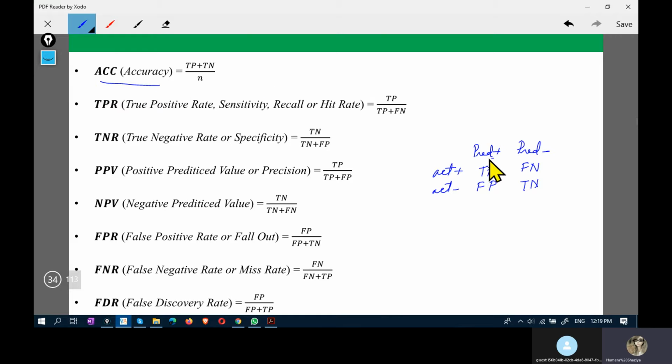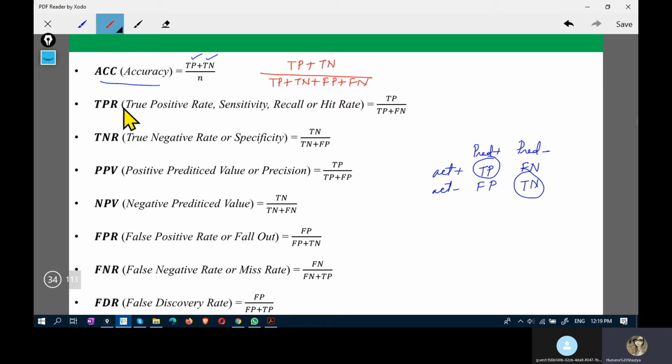This is true positive plus true negative by N. What is N? N is all: TP, FN, FP, TN is equal to N, the total when you sum them up. So in other words, accuracy is TP plus TN by TP plus TN plus FP plus FN.